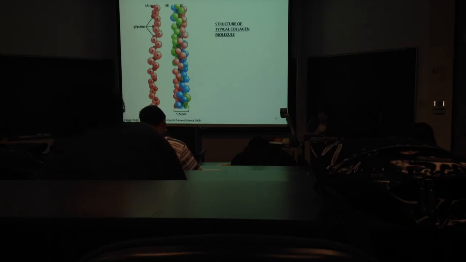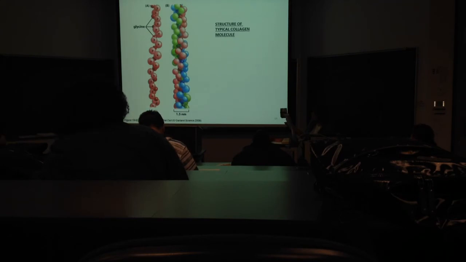Okay, collagen is always, always, always made up of glycine XY, glycine XY, glycine XY. Glycine, if you think back to your amino acids, is the baby. It's the smallest amino acid. So the glycine hides. See that darker red? That's glycine. It hides in there.